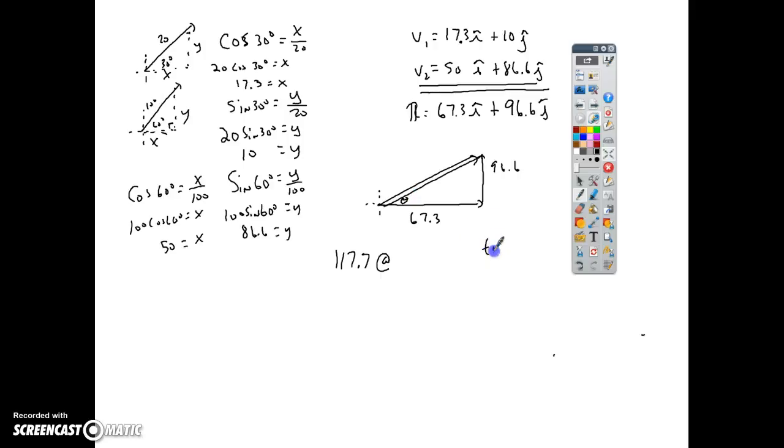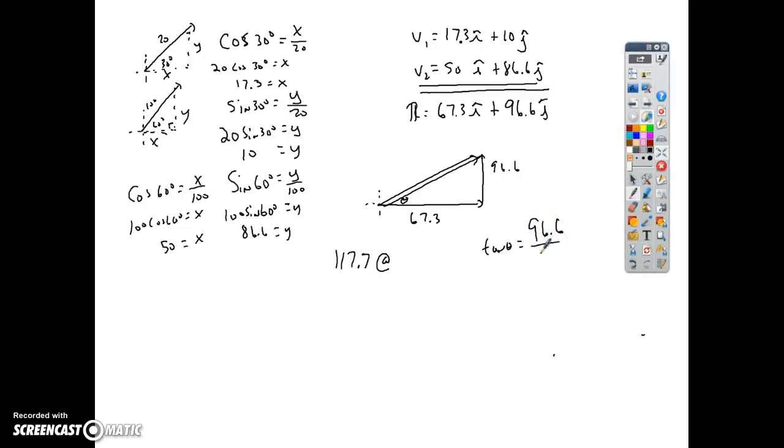Tangent of theta equals 96.6 over 67.3. And so theta would equal the arc tan of 96.6 over 67.3.